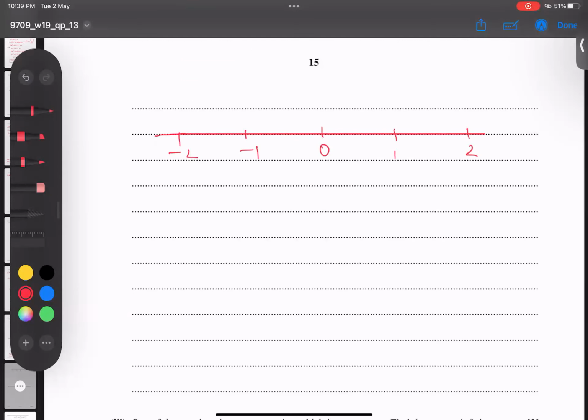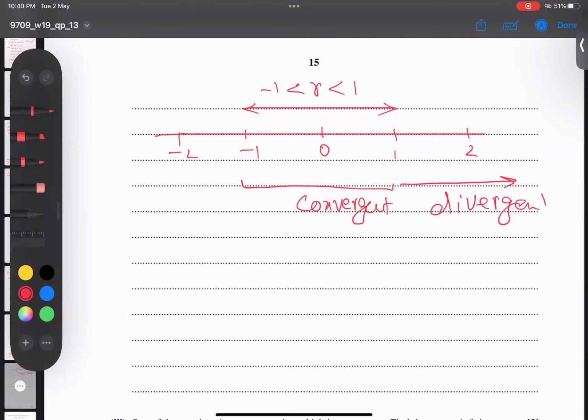If the r values stay in the range of less than 1 and bigger than -1, this sequence is always convergent here. And afterwards divergent here, and this way also divergent.